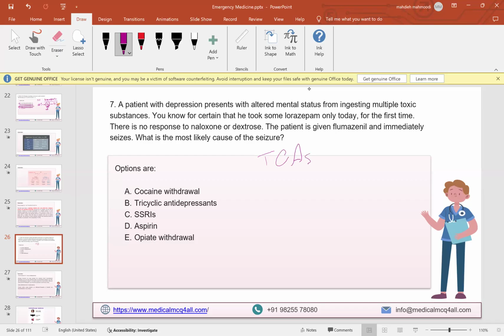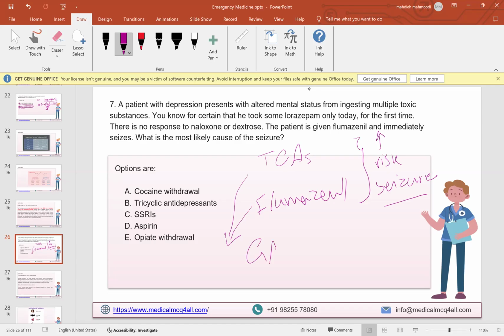TCAs and flumazenil, both of them increase the risk of seizure. The mechanisms are different, but they can overlap. Especially, there is something called GABA, gamma aminobutyric acid, in your brain, an inhibitory neurotransmitter.